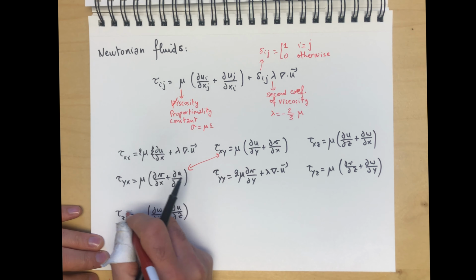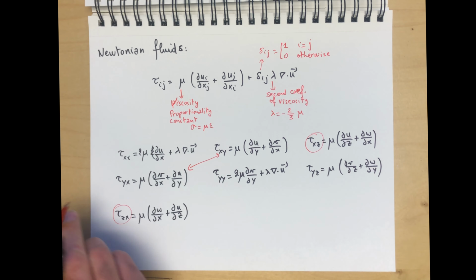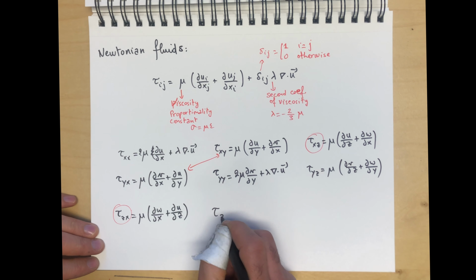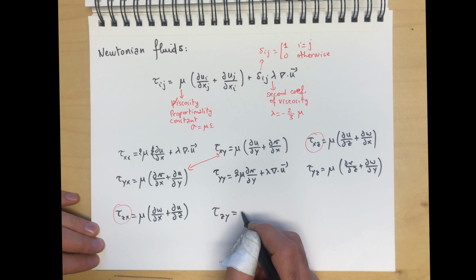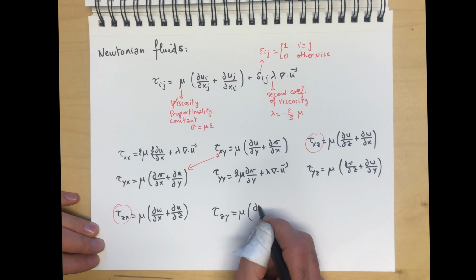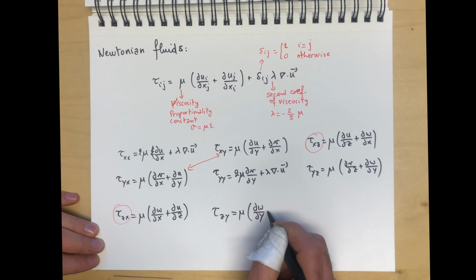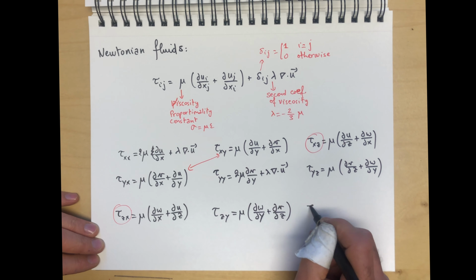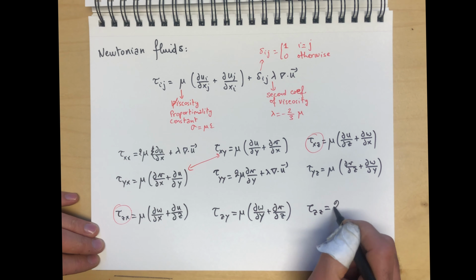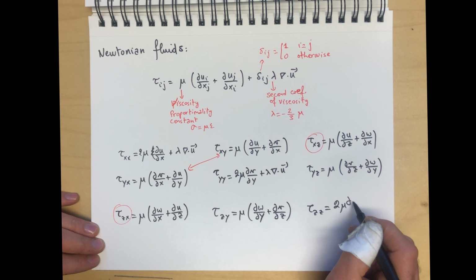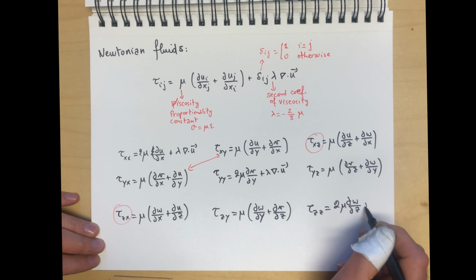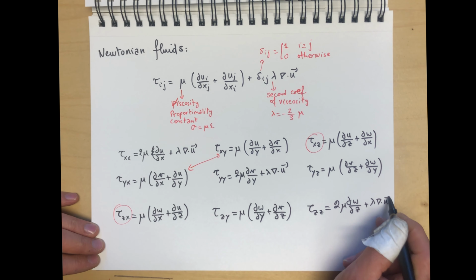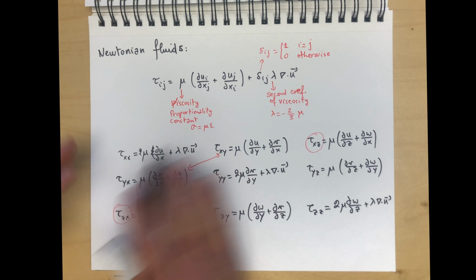So notice how tau zx is equal to tau xz, and tau zy is equal to mu (dw by dy plus dv by dz), and tau zz is equal to 2 mu dw by dz plus lambda div u. That gives you the full stress tensor.